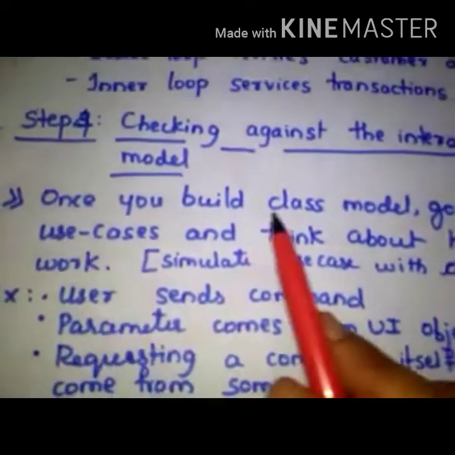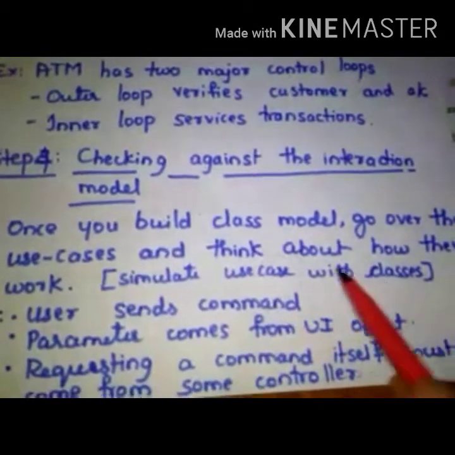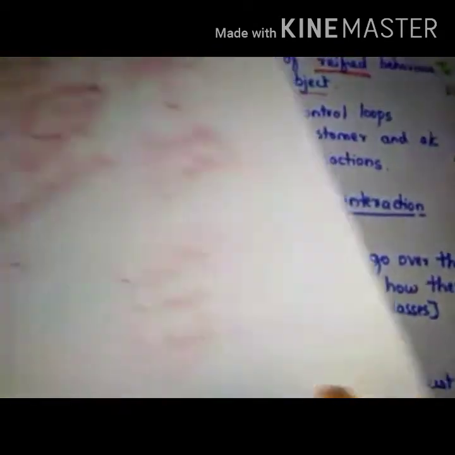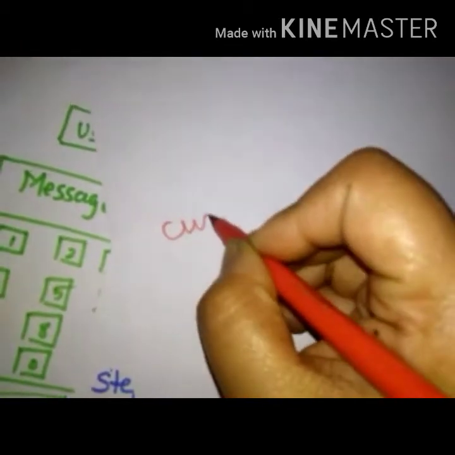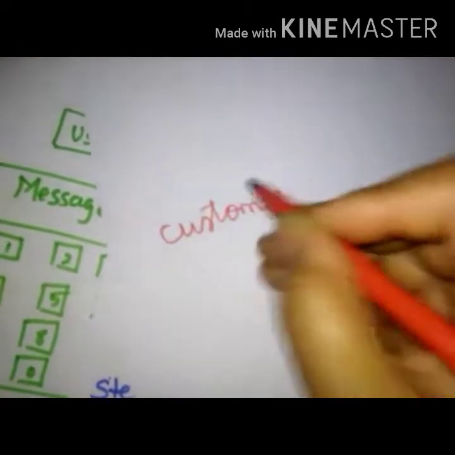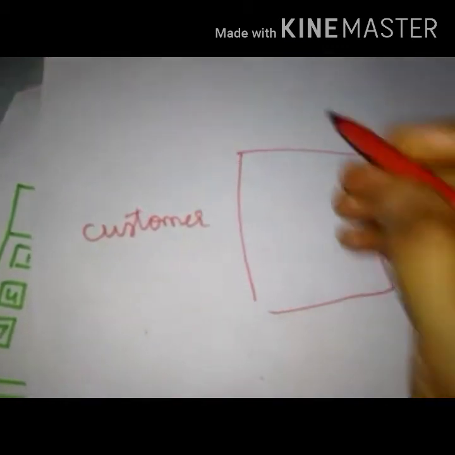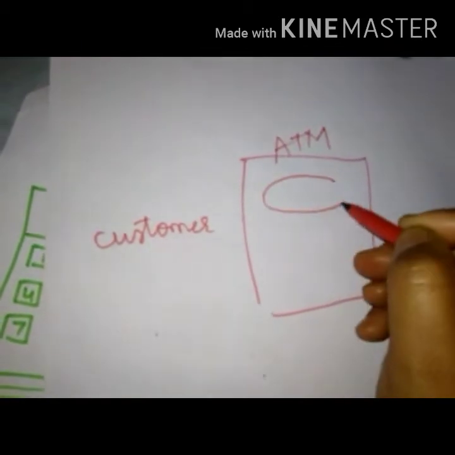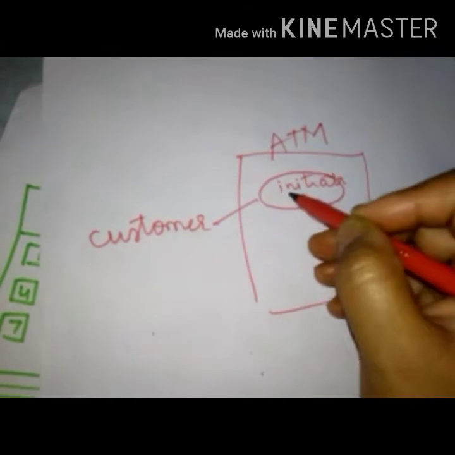Once we build the class model, go over the use cases and think about how they work, right? So here I have created the use cases in which I have said a customer, when he is interacting with the ATM system, he initiates the session.